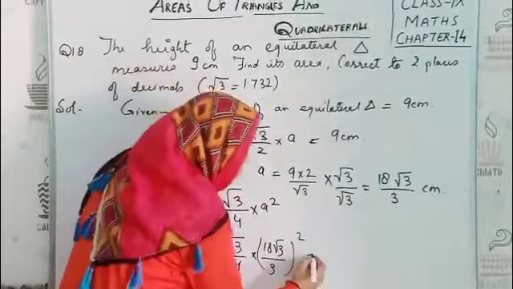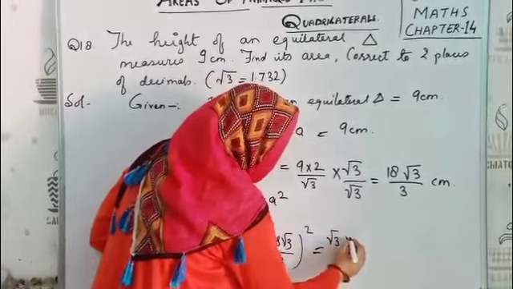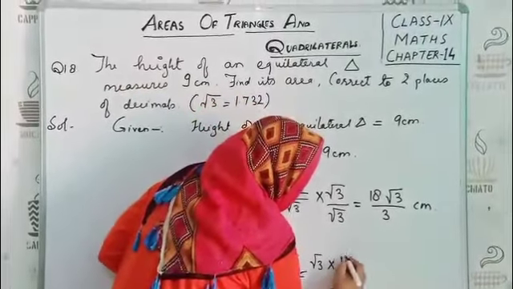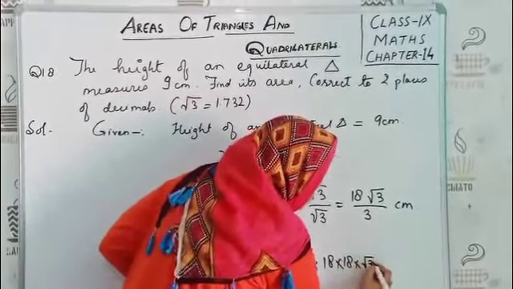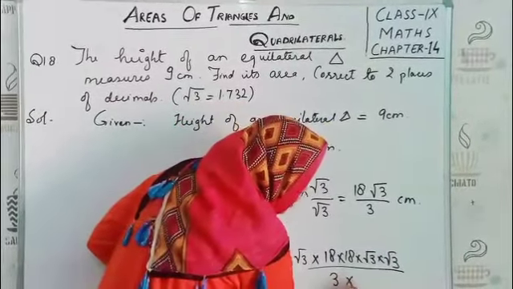Now solve it. You will get root 3 into square of 18, 18 into root 3 into root 3, whole upon 3 into 3.